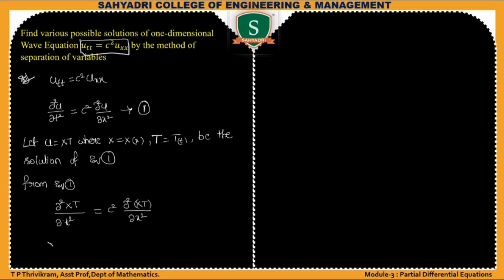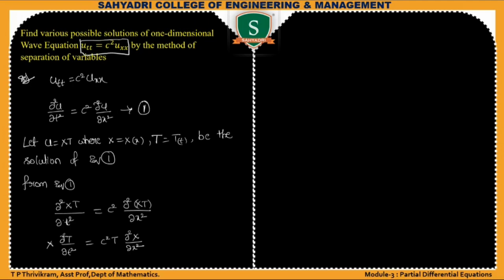So X into del square T by del t square is equal to c square T del square X by del x square. Same way as we had in the previous problem.